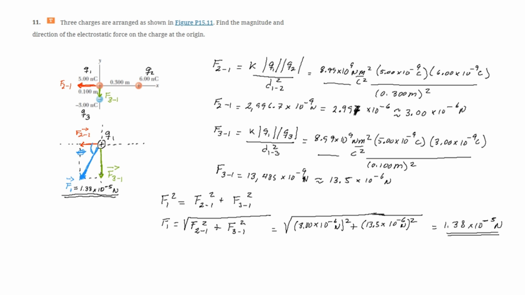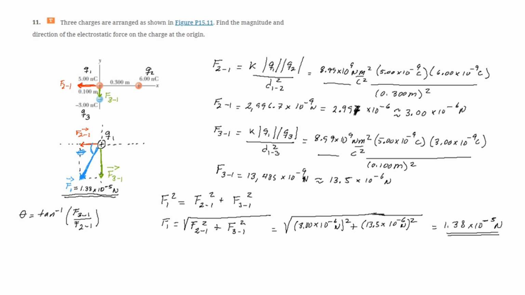Now, we don't know yet the angle, so the direction of the force. So I will find the angle with respect to the negative y-axis. So let me say that zeta, and this is an expression that you can always use, is the tangent inverse of the force acting in the y direction over the force acting in the x direction. So the tangent inverse of the force of 3 on 1 over the force of 2 on 1.